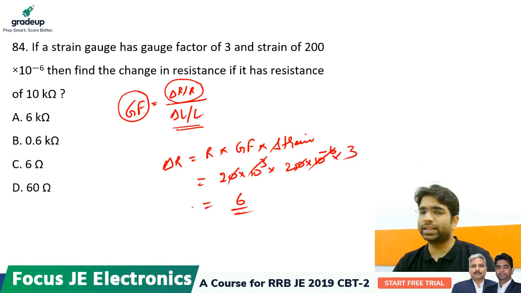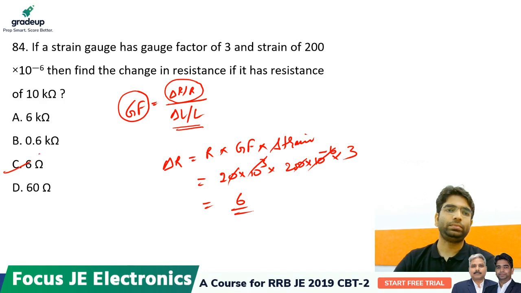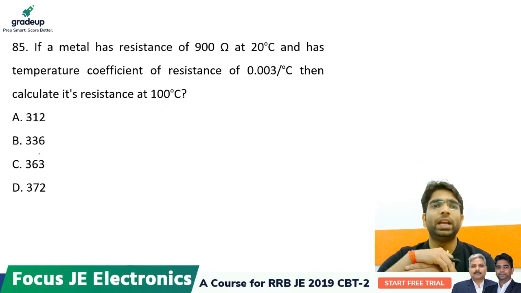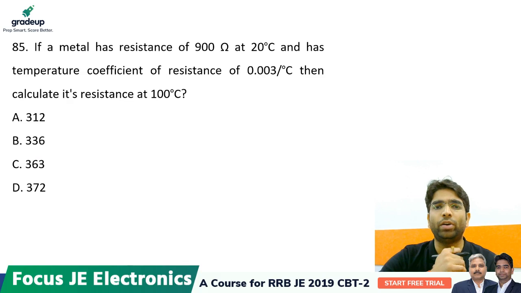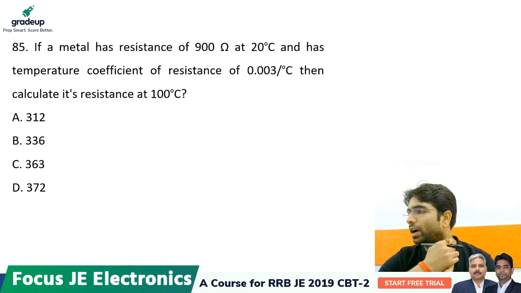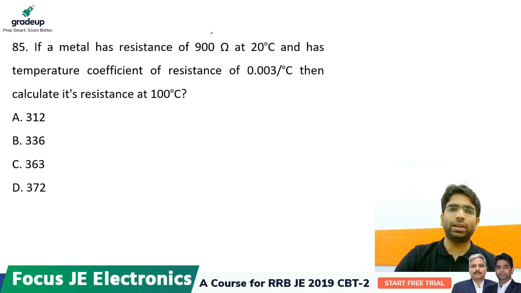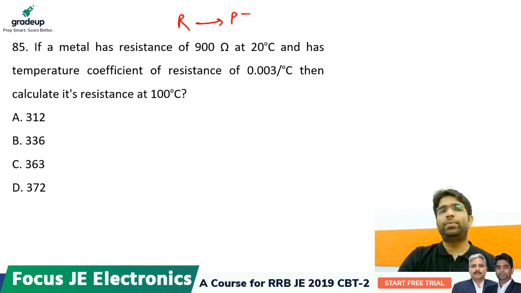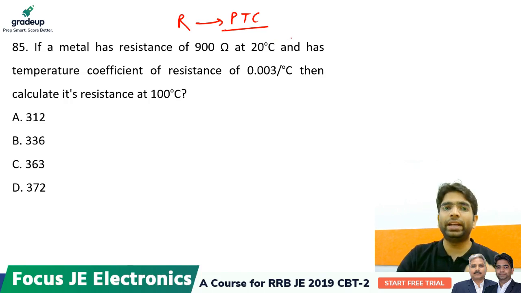Answer is 6. If a metal has a resistance of 900 ohms at 20 degrees Celsius and has a temperature coefficient of resistance as this, calculate the resistance at 100 degrees Celsius. Have one thing in mind: metals have a positive temperature coefficient of resistance. As the temperature is increased, the resistance value increases.